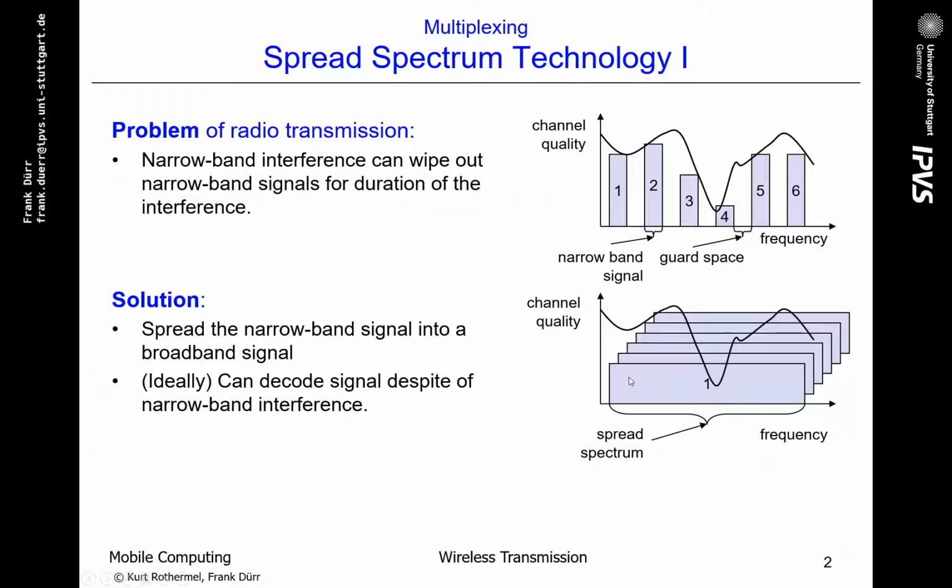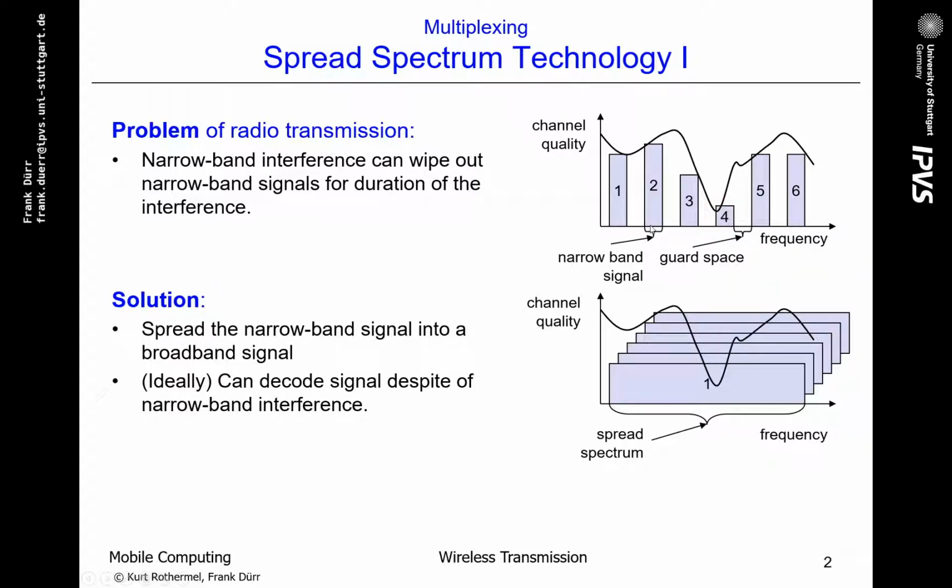However, we hope that we can find a technology that can deal with these little disturbances, with these little problems, and can recover the signal that we put in and then have still data to be received at a decent data rate that is suffering a little bit because of this narrowband interference, but not as severe as if we transmitted only on the disturbed frequency channels here above.